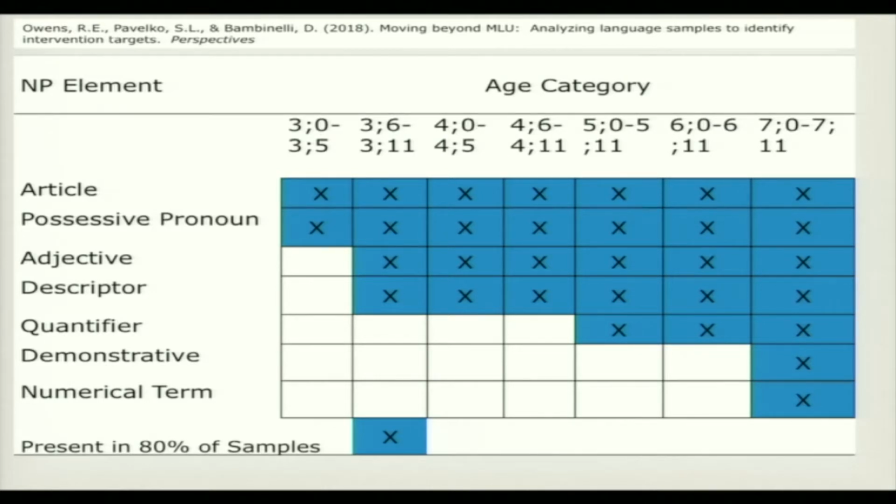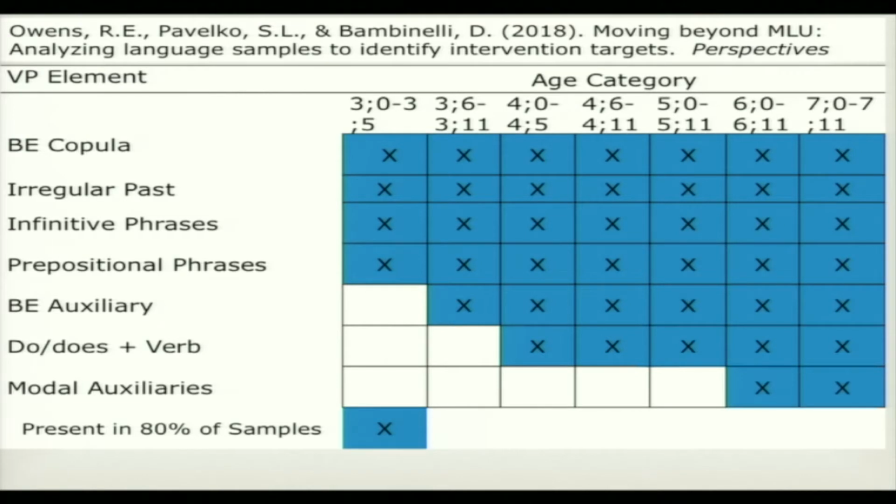Adjectives and descriptors were added in at age 3-6 to 3-11. There were no changes for the 4-year-olds. At 5 years of age, the 5-0 to 5-11 category, quantifiers came in, and at 7-0 to 7-11, demonstratives and numerical terms came in.